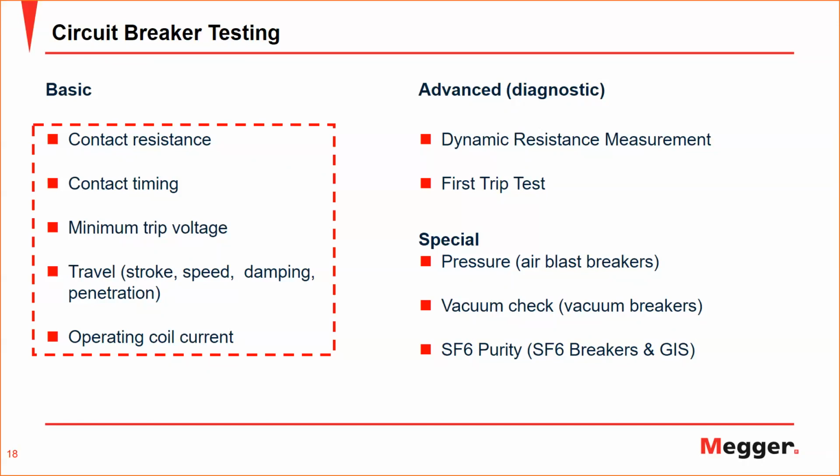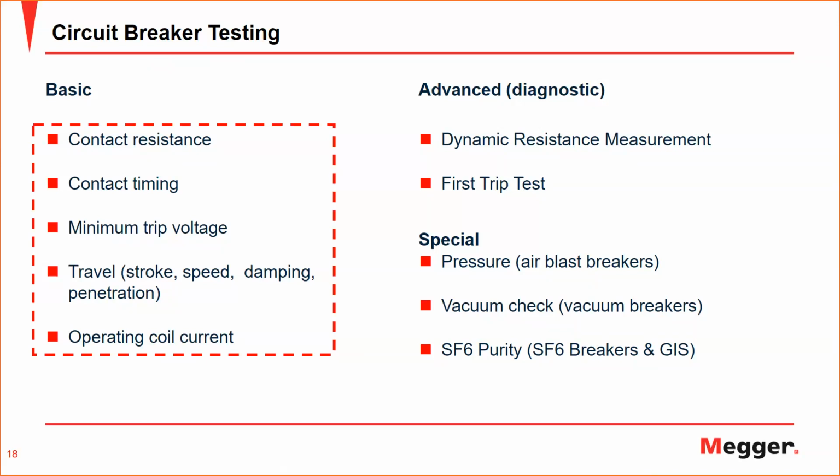And then we have, for the control circuitry, the operating coil current, whether it's a close coil or open coil. We check the current through this coil, and we have a certain analysis of that test to check whether this coil is having any issue or not.